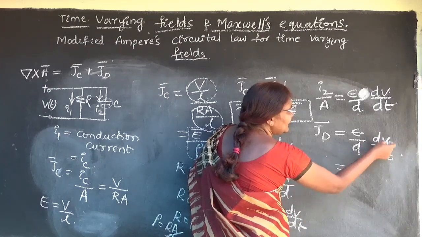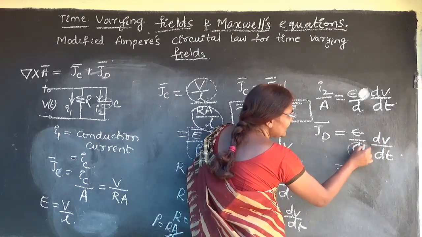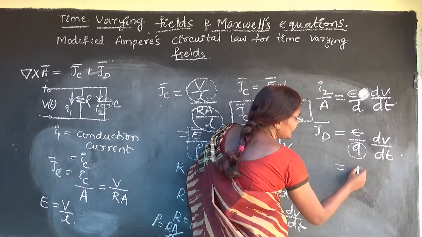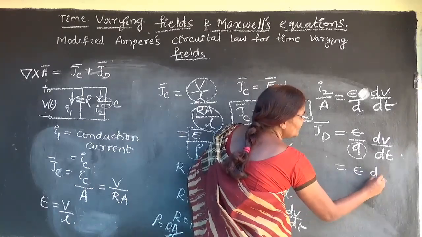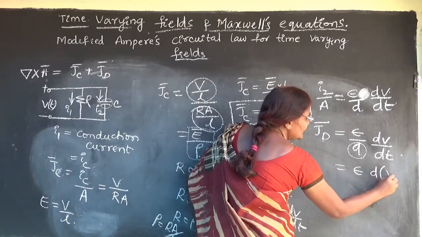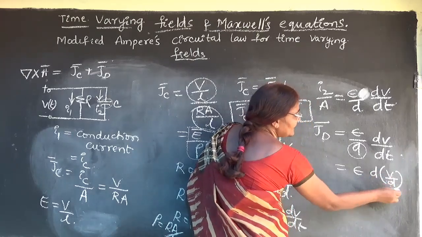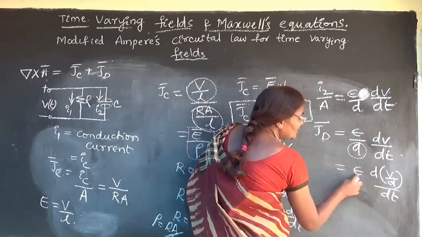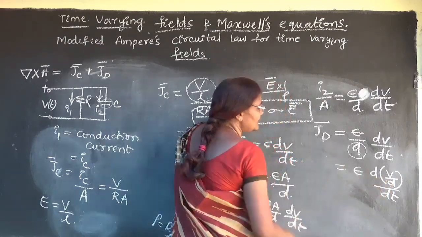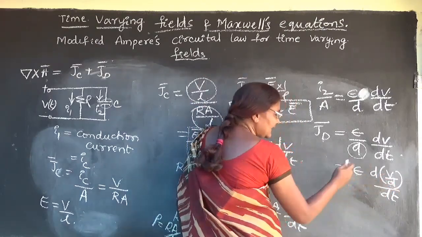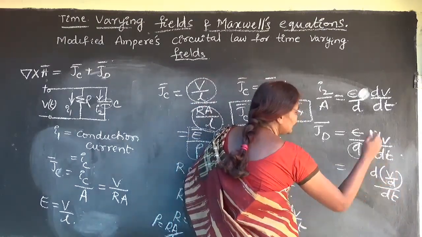Now if I take d into this, because this is a constant, I can take it inside. So epsilon into the differentiation of V by d by dt I can take, because d is the constant thing. If I want, I can take it out, otherwise I can take it inside.